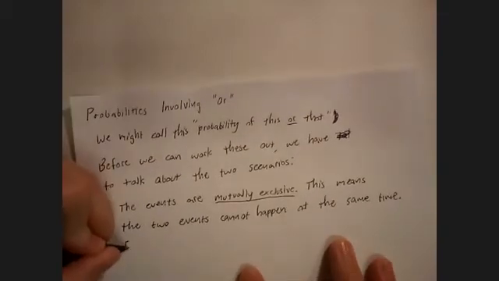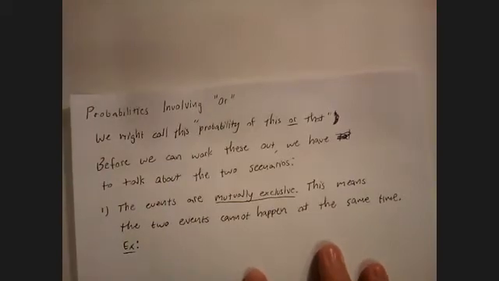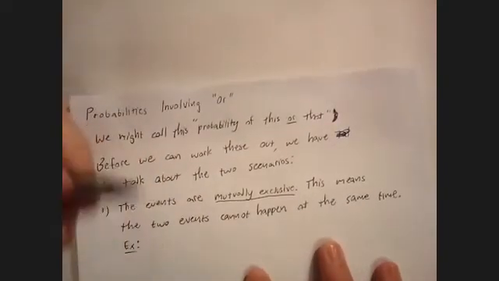An example of a situation where it's impossible for two events to happen at the same time is the following.